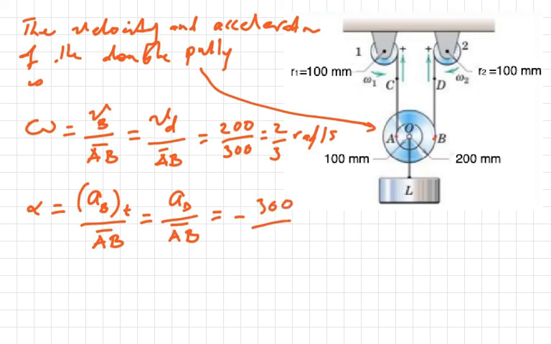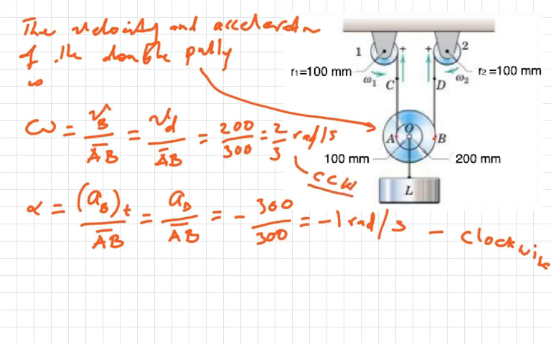So this gives us 1 radian per second squared, and this will be clockwise. So that was counterclockwise and this is clockwise.